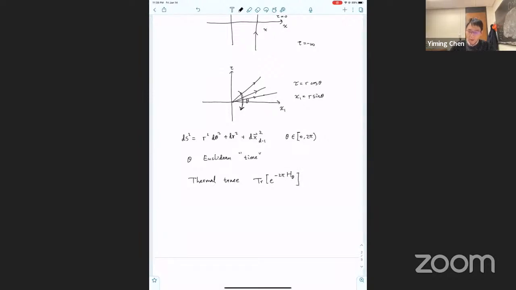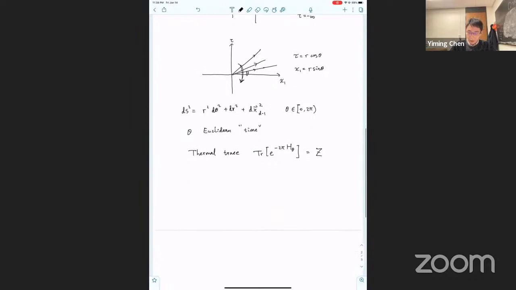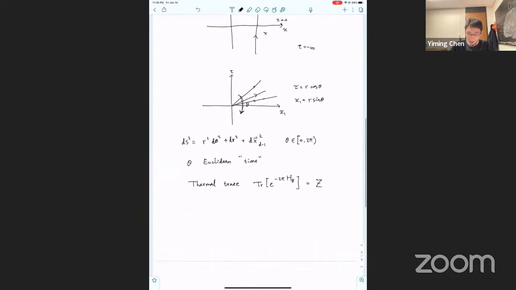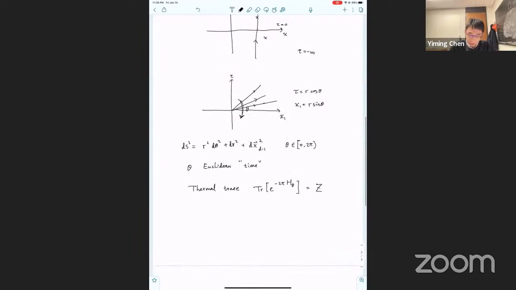Okay, so this is just the equivalent way of thinking of the path integral, computing the partition function of this space. So here, let me mention just a few subtleties. Strictly speaking, since the circle shrinks to a point at the origin, this computation does not obviously have a trace interpretation.